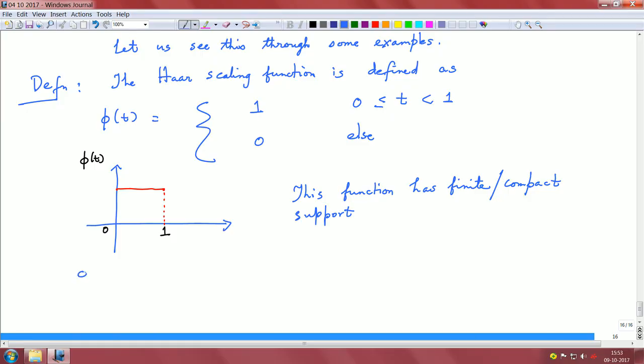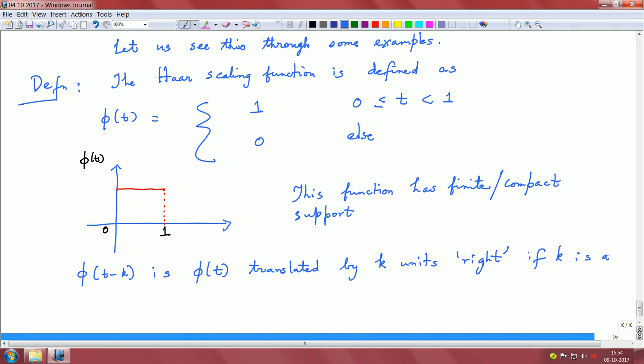Okay. So, if you ask this question, this is what we are alluding to. Just another detail, phi of t minus k is phi of t translated by k units to the right if k is a positive integer.